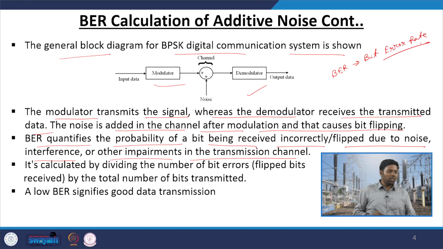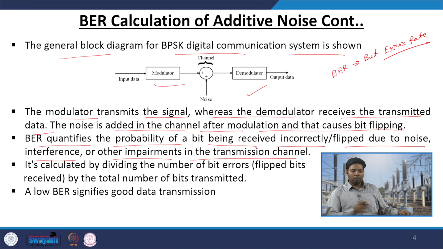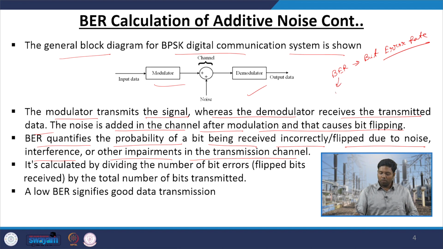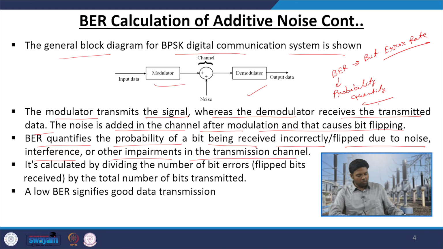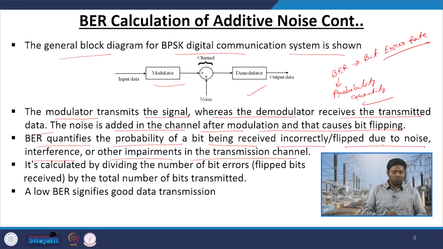That is a probability which signifies that if you are sending a train of bits, what is the probability that a bit will be flipped. Normally this is a probability quantity, and it signifies the probability that a bit will be flipped due to noise.